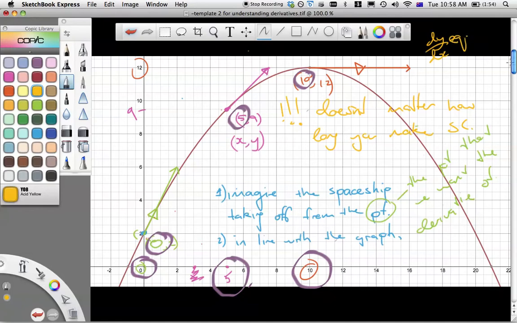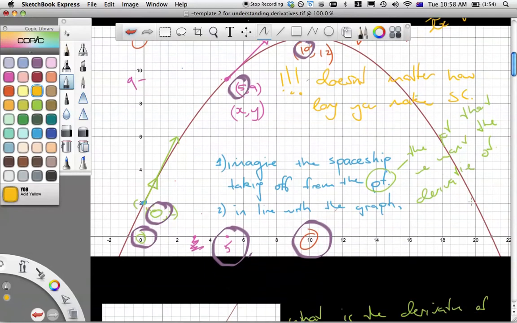Let's do an exploration. What about if we launch the spaceship from, let's have a look, from 15? No, let's just go from 20. If we launch it from 20, how is the spaceship pointing at x equals 20? Well, our dy over dx, the general equation, is negative 0.2x plus 2, isn't it?